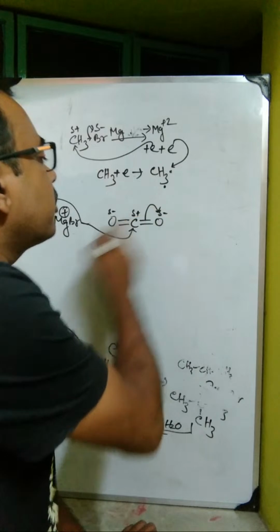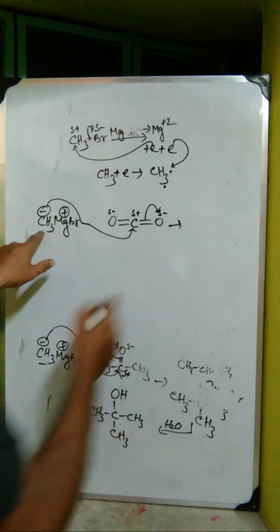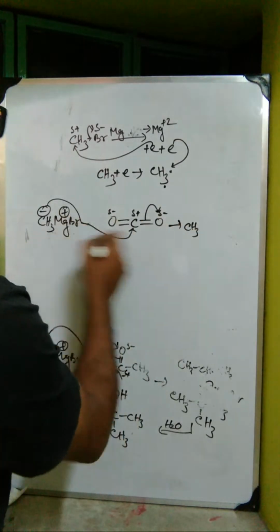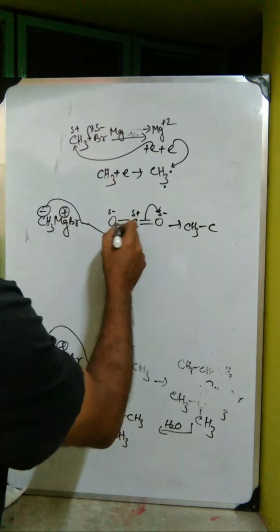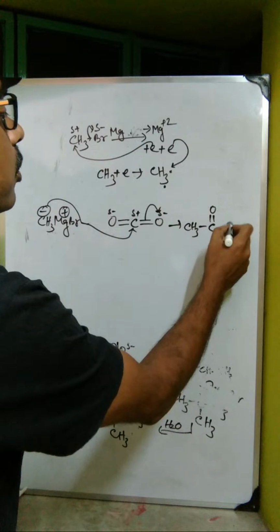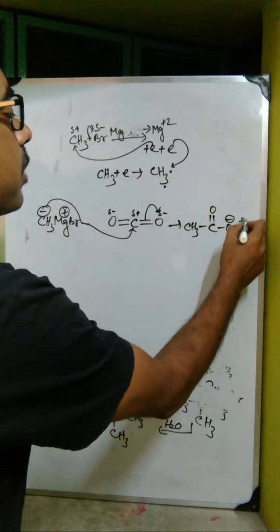The product is CH3, single bond to C, a double bond intact, and a single bond to O minus, which will be neutralized by Mg plus Br.